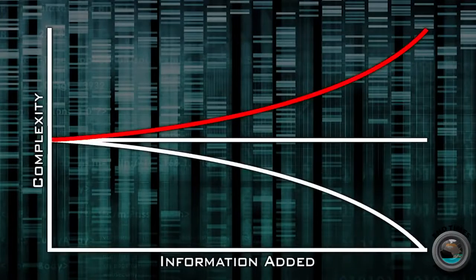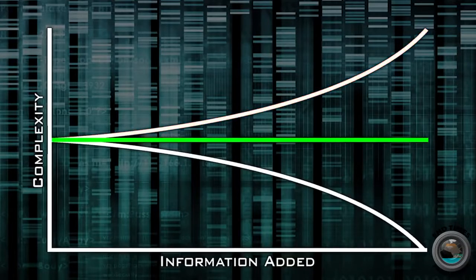Now, when we look at these graphs, we know that the creation of new information has never once been observed, tested, or proven, even possible. The horizontal line accurately depicts no information being added or lost, while still creating variations within the same kind of animal. Now, the downward slope, as I described, explains the loss of genetic information. Now, the thing with this is, you can't continue losing genetic information and still see beneficial mutations.